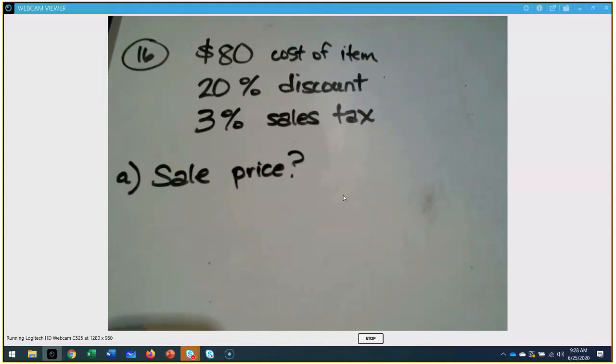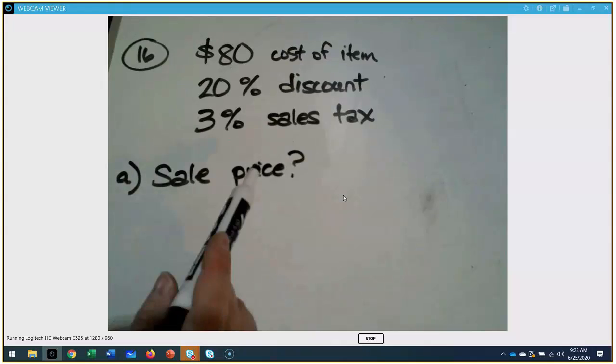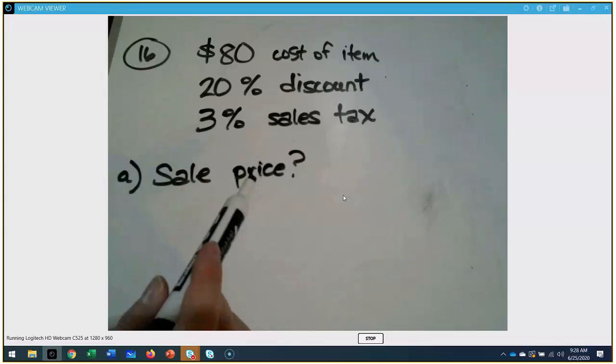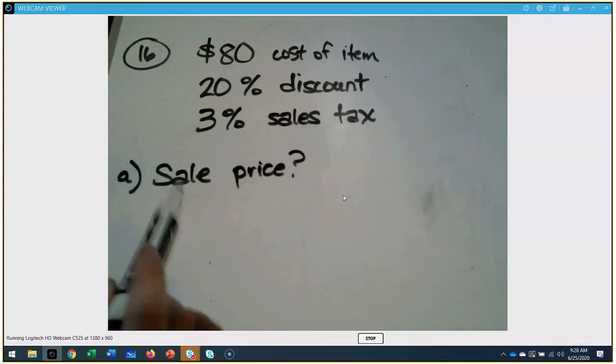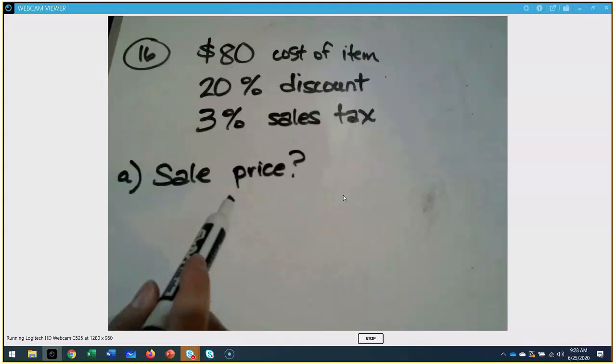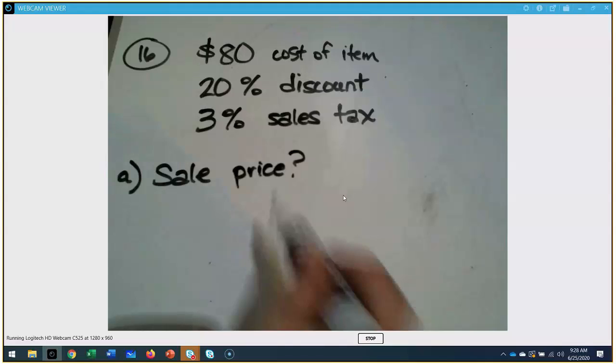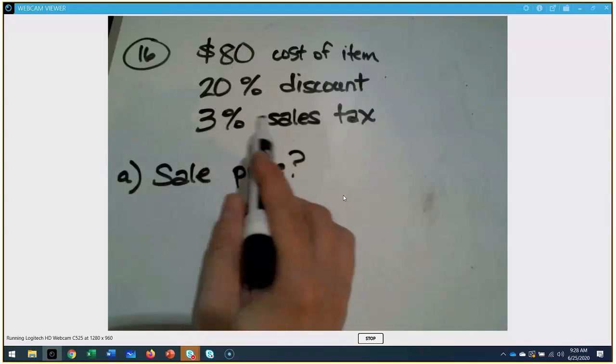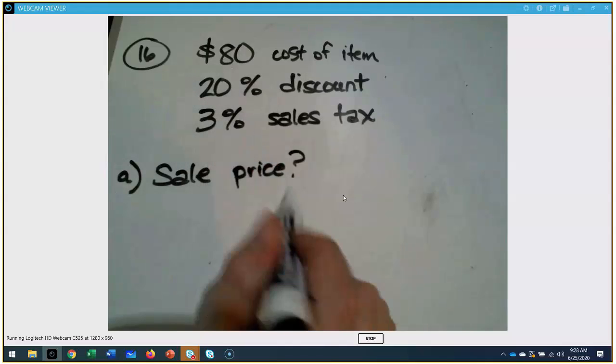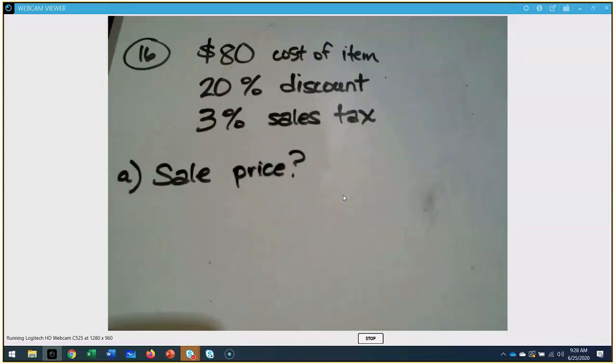This question has multiple parts, so pay attention to what they're asking for. If they want sale price, that they want to know how much of a discount is coming off and then what are you going to pay for it. That has nothing to do with the tax right now. So don't look at the 3% for part A. What we need to do, here's my strategy.